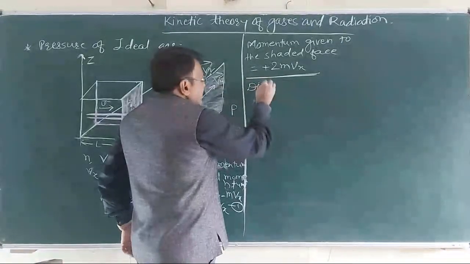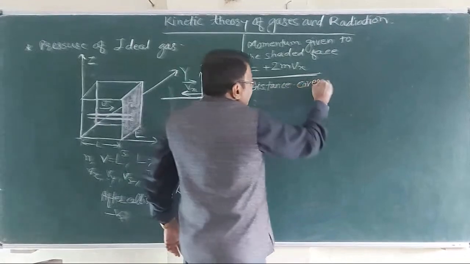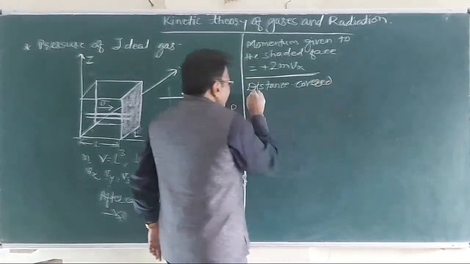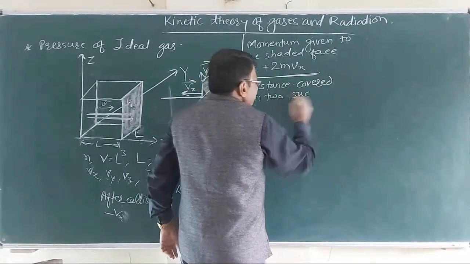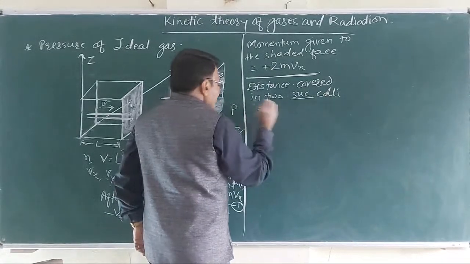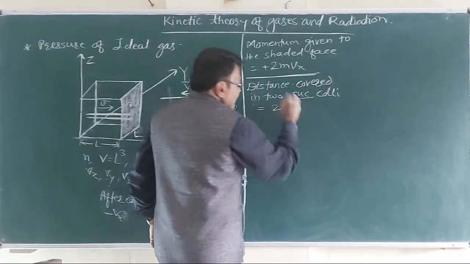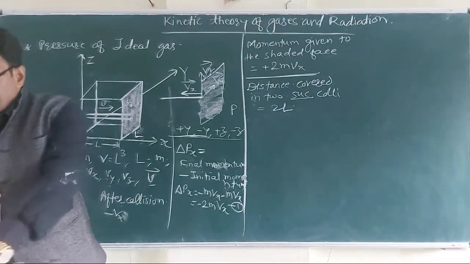Distance covered in two successive collisions is twice here.